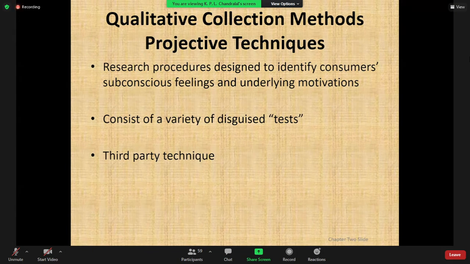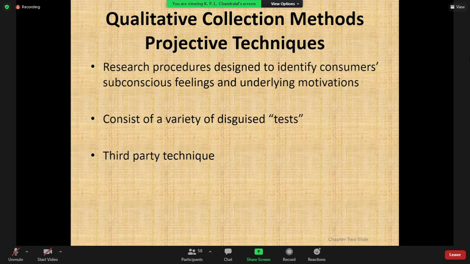Right? And more often you use the third party technique. For example, if I ask you, what is your opinion about this maybe highly controversial thing, in most cases you may not tell the truth. But if I ask this way, what would a friend think of this?